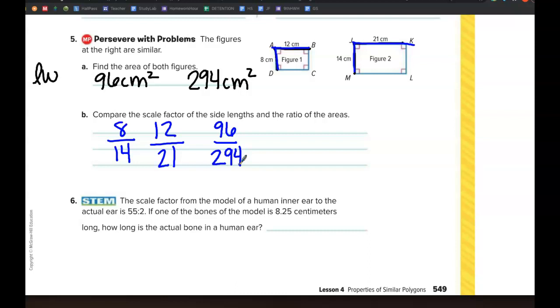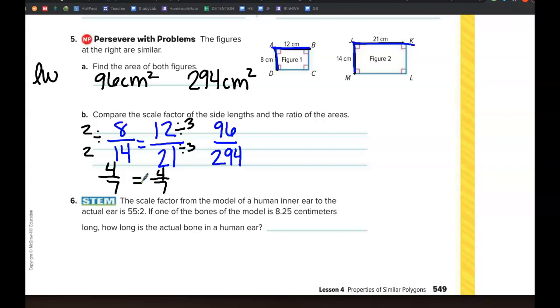These two side ratios are equal to each other. If we simplify both of these ratios, if I divided this one by 2, I would get 4 over 7. And if I divided this one by 3, I would get 4 over 7. So that is how I determined that they are equal.